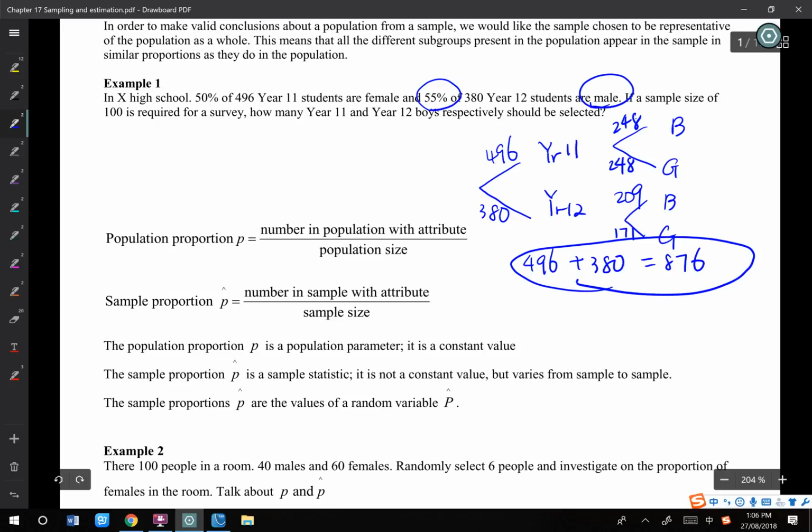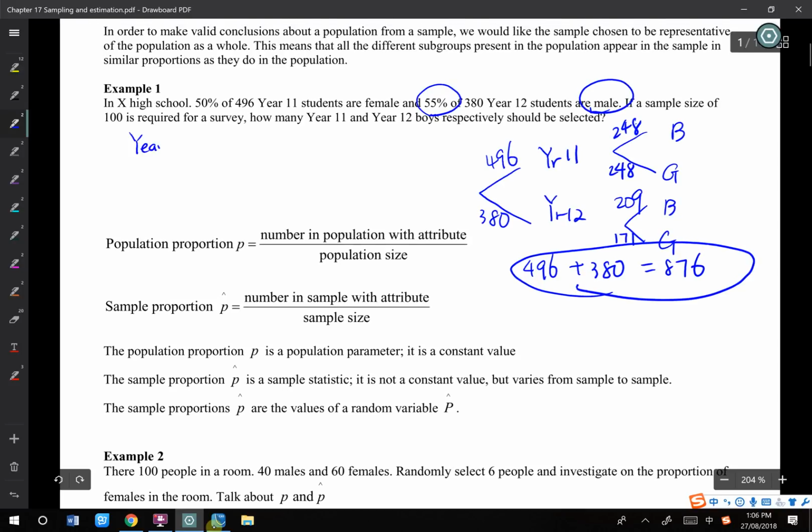Now I want a sample of 100 students, and I'm asking for year 11 and year 12 boys respectively. For year 11 boys, we see what the proportion of year 11 boys in the school is, which is 248 over 876.